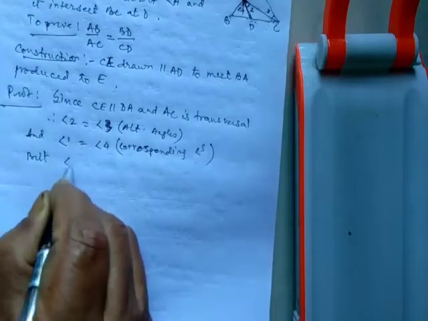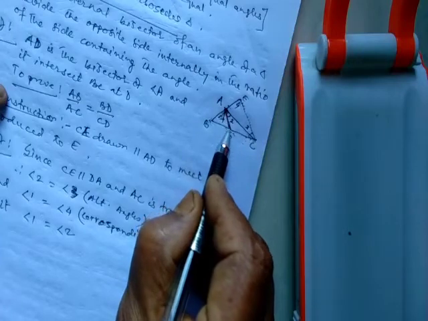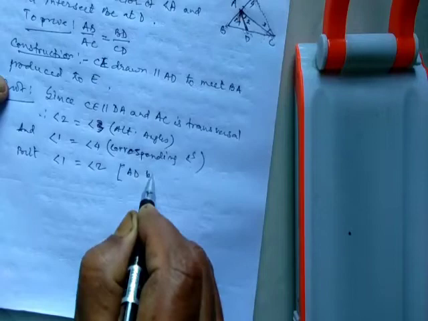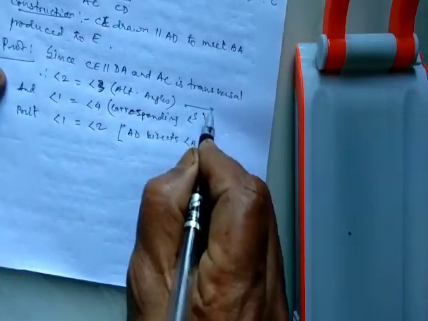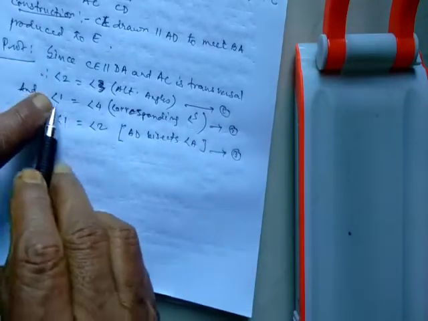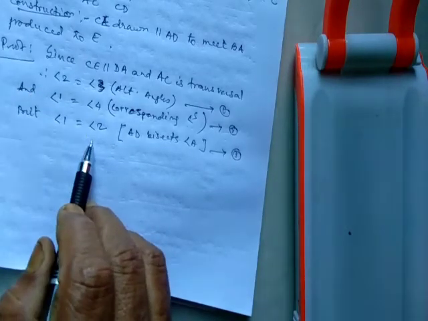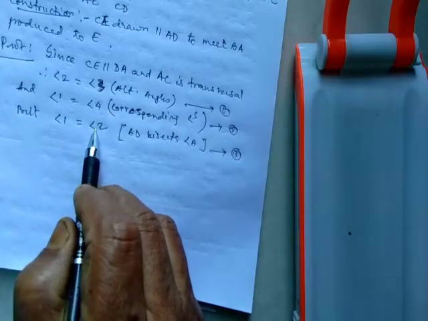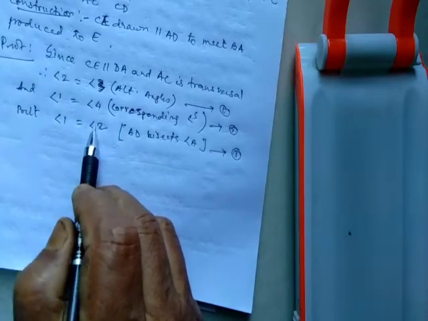But we also have angle 1 equal to angle 2, because AD is bisecting angle A. This is 1, this is 2, this is 3. Now you see 1 is equal to 4, 1 is equal to 2, then 2 is equal to 4.